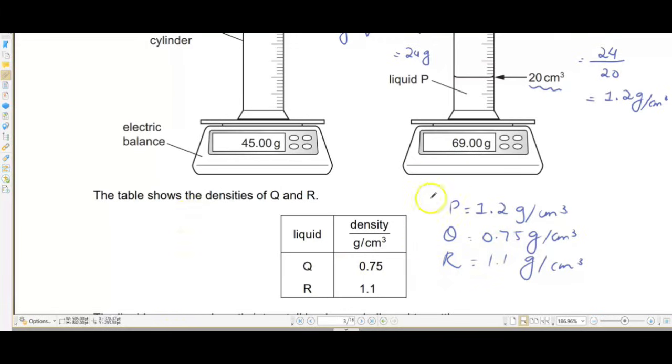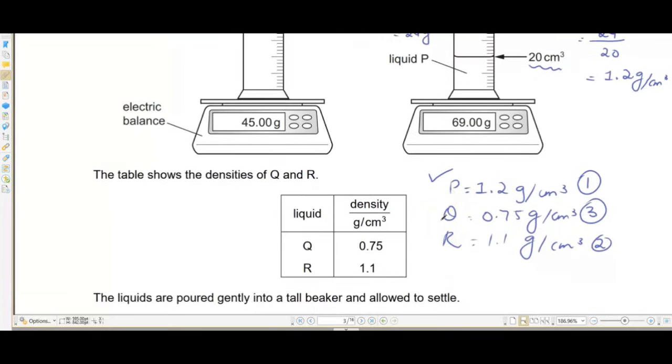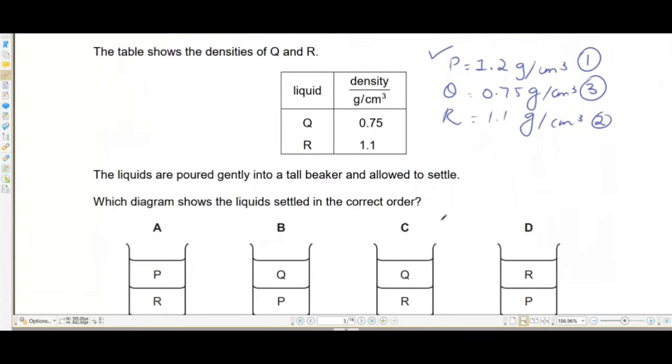Liquid P is the most dense one, so this is going to be at the bottom. The next one is going to be R, and the last, on the top, is going to be the liquid Q, which has the smallest density out of the three. So we have P, R and Q. So let's look at our options.